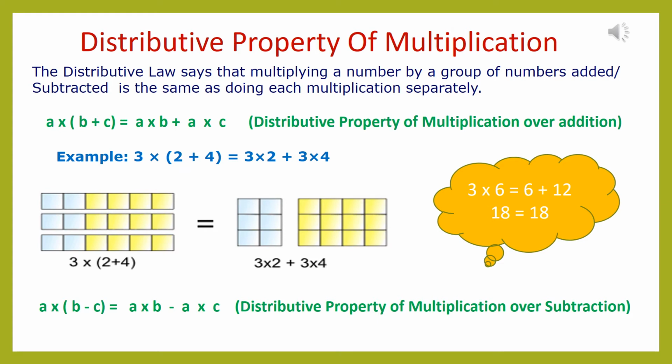Then A times (B plus C) is equal to A times B plus A times C. This property is called the distributive property of multiplication over addition, while the distributive property of multiplication over subtraction is A times (B minus C) is equal to A times B minus A times C. For example, 3 times (2 plus 4) is the same as 3 times 2 plus 3 times 4.